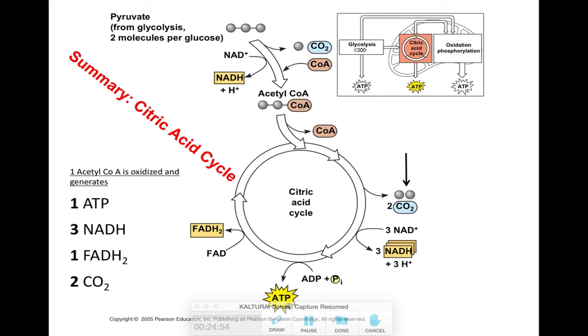There were no ATPs formed during pyruvate oxidation. The citric acid cycle is 1 ATP per cycle.